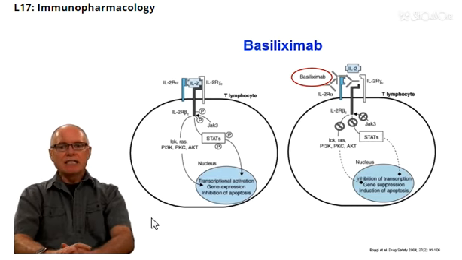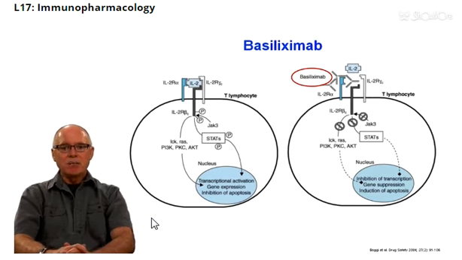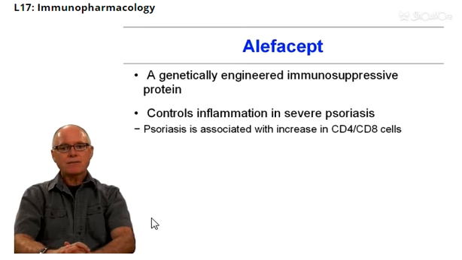In order for the T cell to be activated, IL-2 must make contact with all 3 subunits of the IL-2 receptor, as shown in the diagram. Basiliximab binds to the IL-2 alpha subunit, thereby preventing IL-2 from binding to the whole complex. This results in inhibition of signal transduction cascades that would normally lead to immune responses.